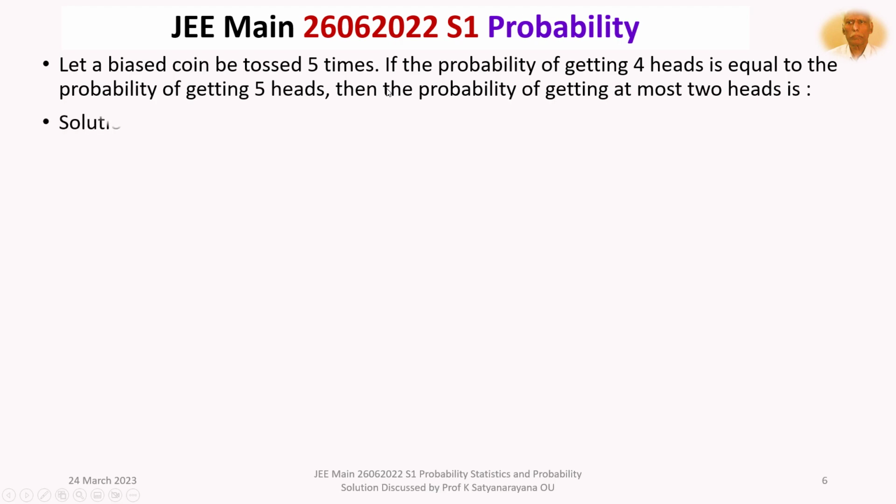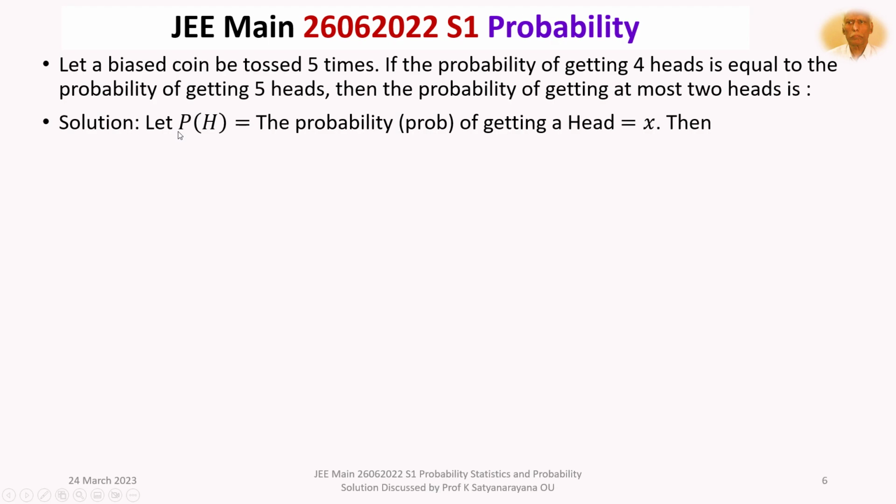We now discuss the solution in detail. Let P of H, the probability of getting a head, be equal to x. Then the probability of getting a tail, P of T, is 1 minus x, because P of H plus P of T is equal to 1.